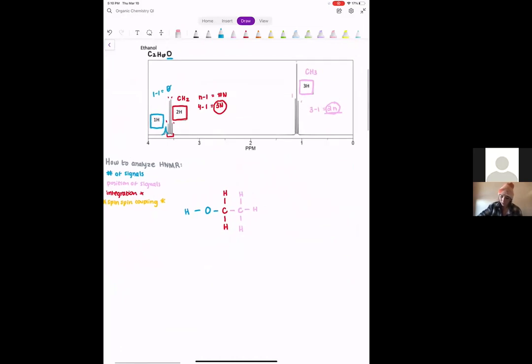We can go back and triple check and say, okay, this is one equivalent hydrogen group with 3 hydrogens and 2 neighbors. And there's the 2 neighbors, 1 and 2. Then we can go over one more and say this is 2 equivalent hydrogens with 3 neighbors, 1, 2, and 3.